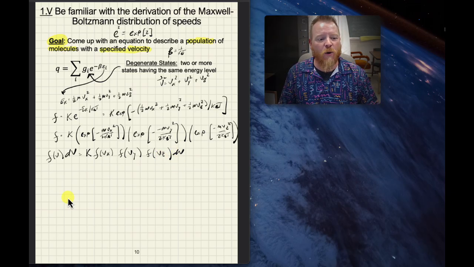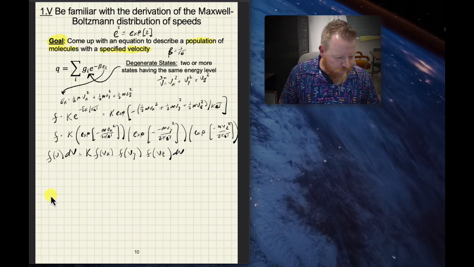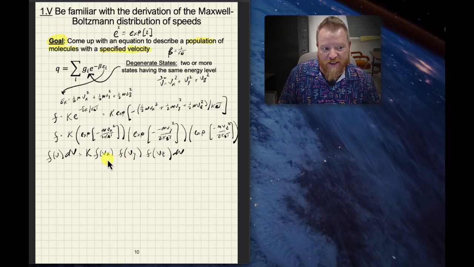And what I want to note here is if we integrate f of v dv, for example, and I can play with this in all the dimensions or just any one dimension.